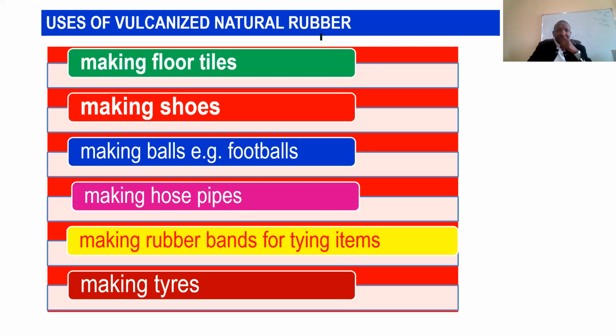Okay, uses of vulcanized rubber. Making floor tires, making shoes, making balls, e.g. footballs, making hose pipes, making rubber bands for tying items. These are things you know, car tires. So there is nothing here for me to explain. Just screenshot. The use is very direct.